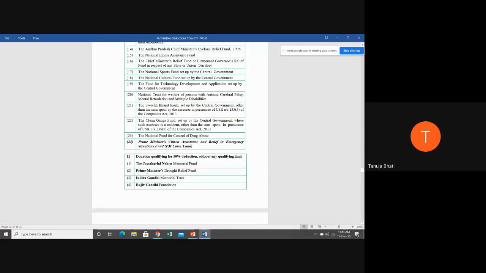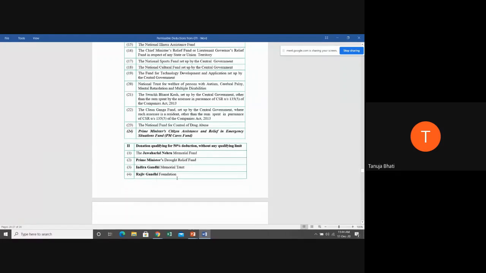So you have Jawaharlal Nehru, Prime Minister's Drought Relief Fund, Indira Gandhi, Rajiv Gandhi. Just remember this. Indira Gandhi, we know she was a Prime Minister. So just remember Nehru's family, that is Jawaharlal Nehru, Prime Minister, Indira Gandhi was the Prime Minister, and Rajiv Gandhi. So these 4 are covered in 50% deduction without any limit.